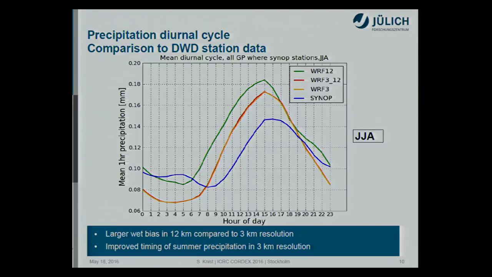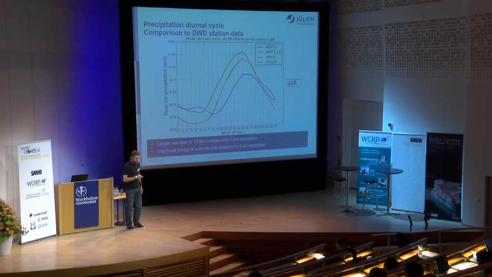This is the average over all stations for the whole time period in summer, and the observation here is the blue curve. The green curve is WRF in 12-kilometer resolution, the yellow in 3-kilometer resolution, and interpolated, the 3-kilometer on the 12-kilometer grid.